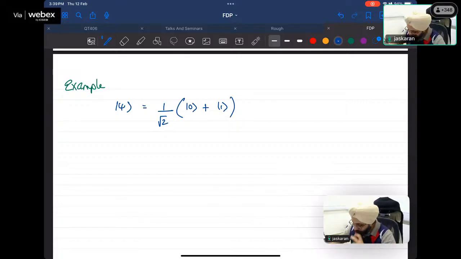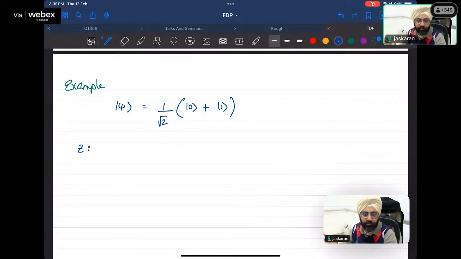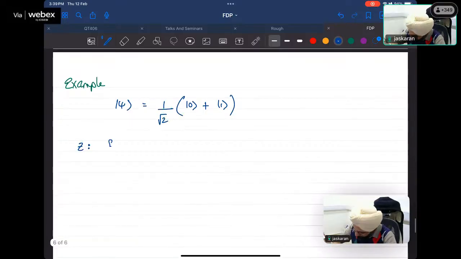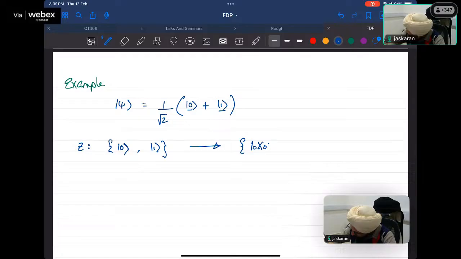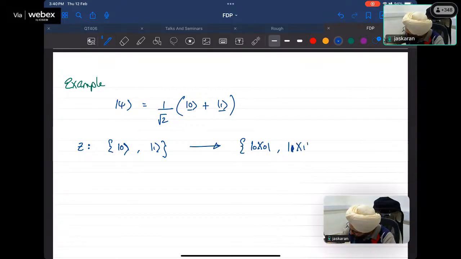Okay, and let us choose some setting right now, and I want to measure it in the basis of ket 0 and ket 1. Corresponding to this setting, I can now find out what the projections are. They're nothing but the outer products of the basis elements, 0 0 and 1 1.